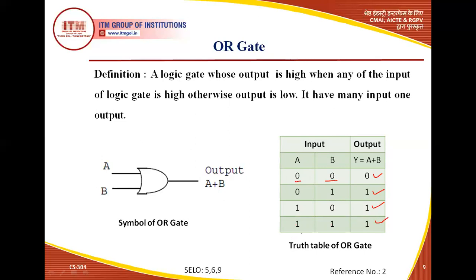If we give the input on both terminals high, then we will get the output high. So that is the difference between the arithmetic and logical operator. You should always remember that the OR gate will give the output high when any of the inputs is high. So that is the truth table for the two input OR gate.